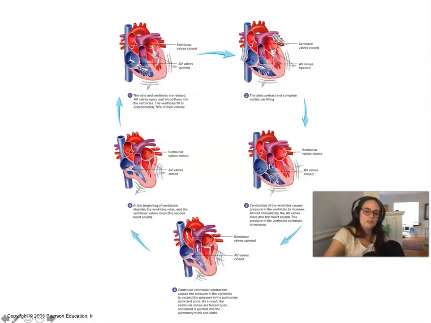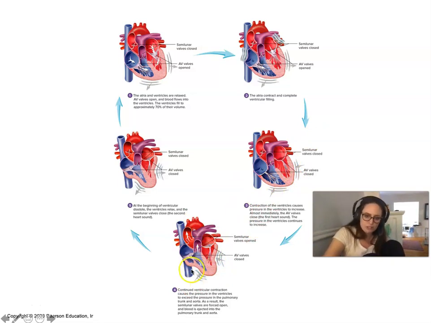The start of ventricular depolarization is detected by the QRS complex, and it is caused by the AV node propagating action potentials down the AV bundle of His, down the bundle branches to the Purkinje fibers, and that electrical activity works for both early and late ventricular systole.